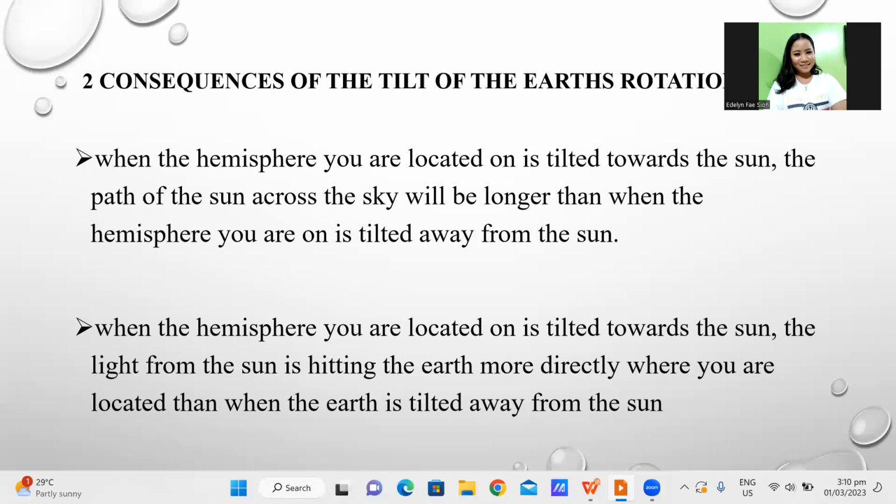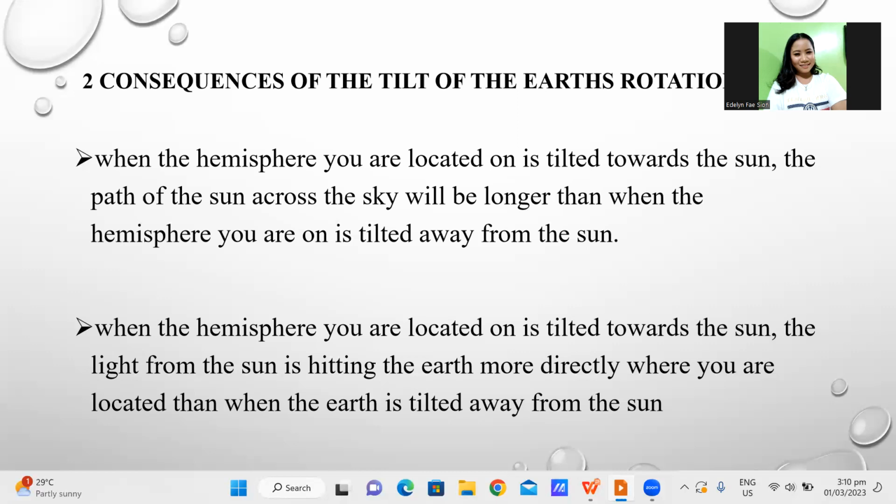Tapos sa second consequence, when the hemisphere you are located on is tilted towards the sun, the light from the sun is hitting the earth more directly where you are located than when the earth is tilted away from the sun.